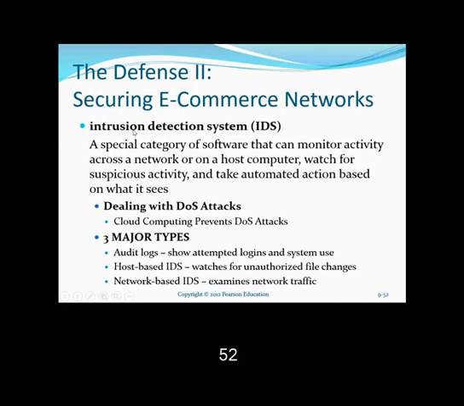The last technology is the intrusion detection system. An intrusion detection system is a special category of software that can monitor activity across a network or on a host computer, watch for suspicious activity, and take automated action based on what it sees. It can deal with denial of service attacks.